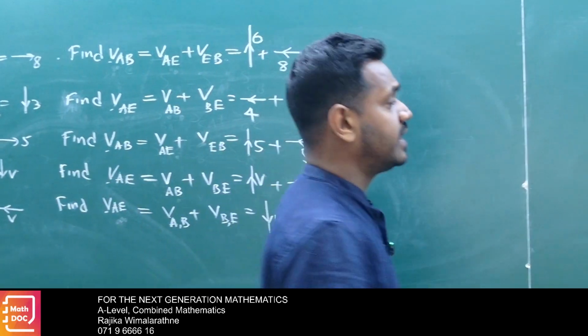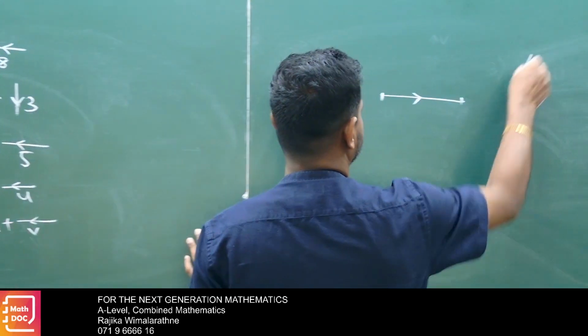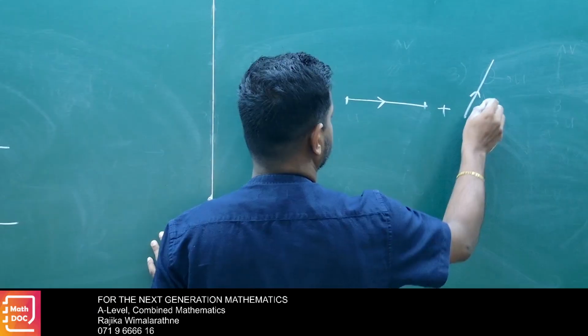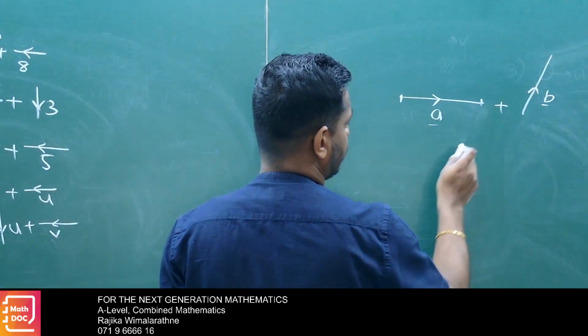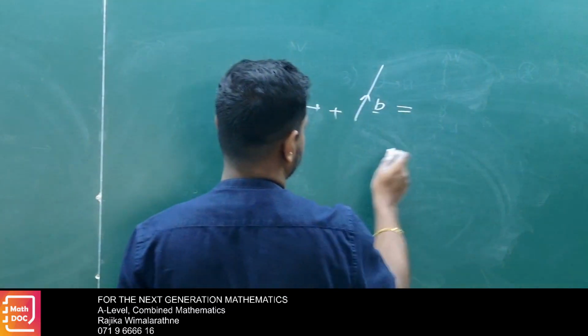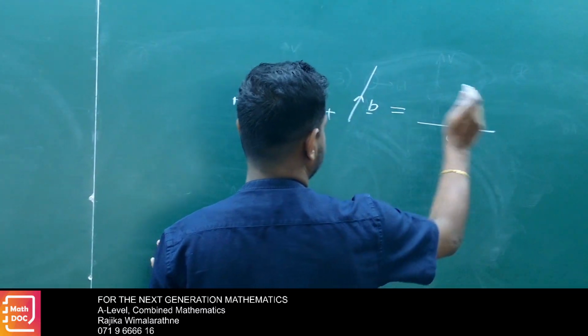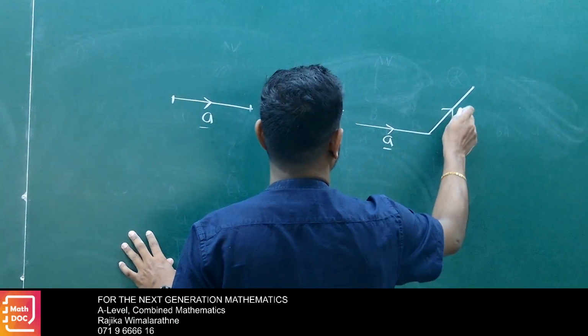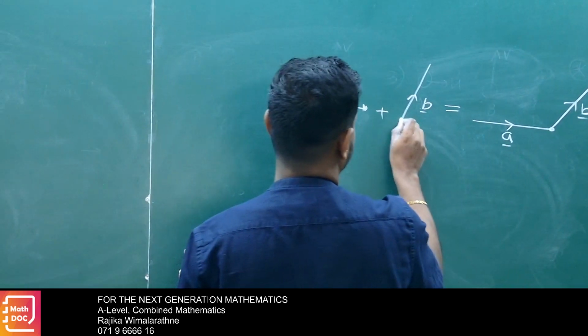Okay, when you consider addition of two vectors like this, A and B, we go with this path. We sketch vector A first, then at the end point we sketch the other vector B. Therefore, these two are coincident.